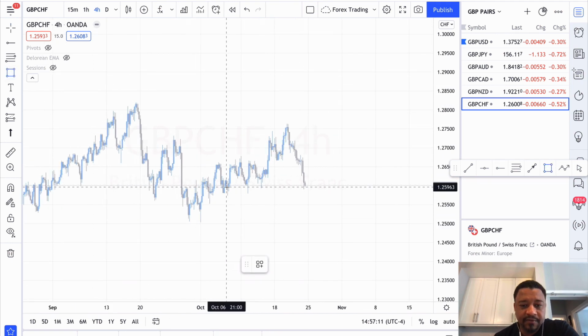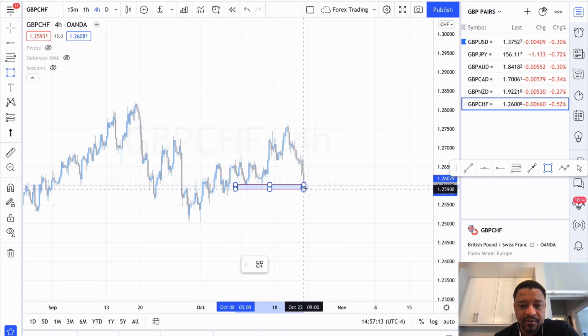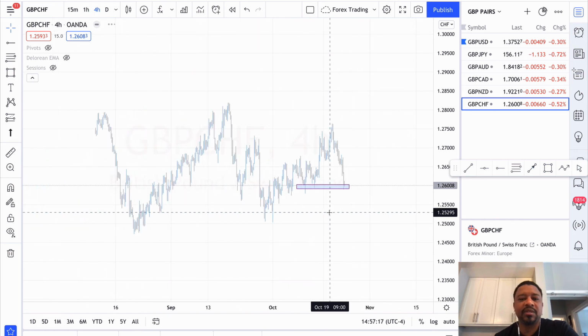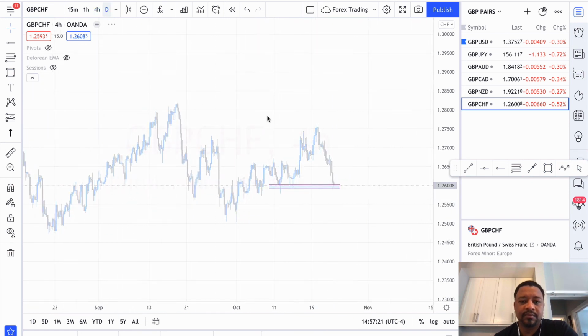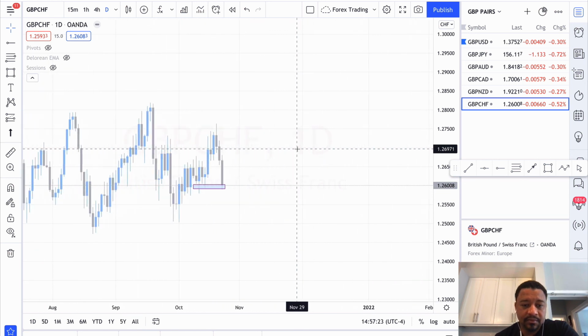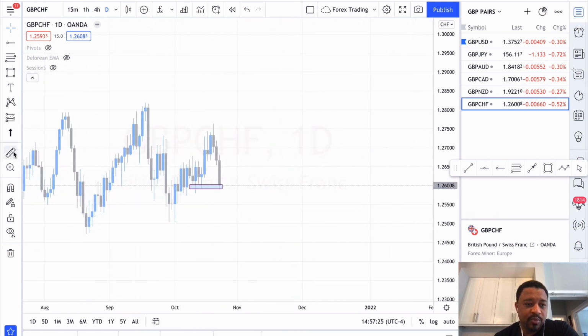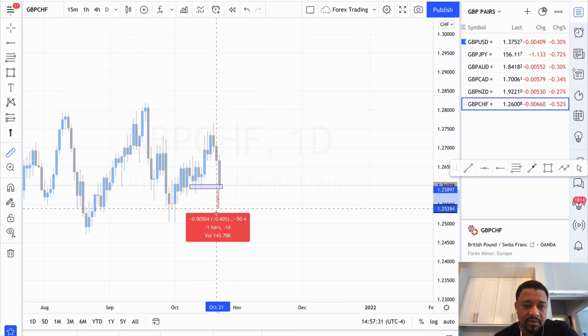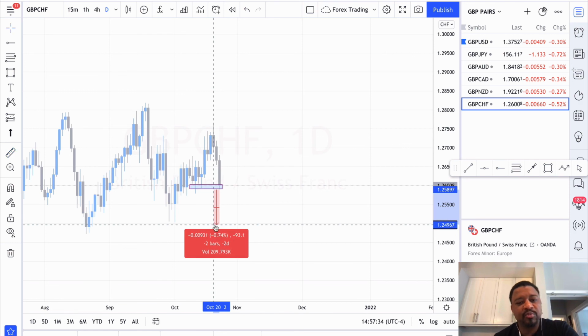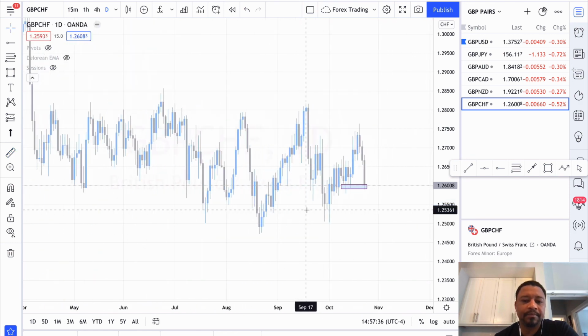GBPCHF. Let's see what it does this week at this zone. If it breaks below, have a potential 100 pip drop.